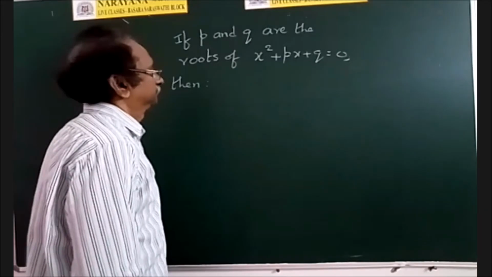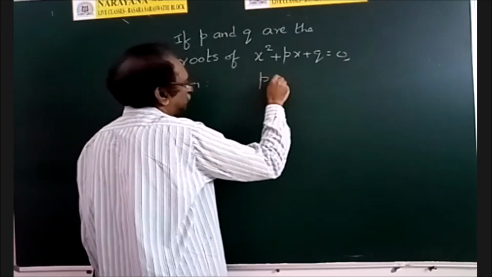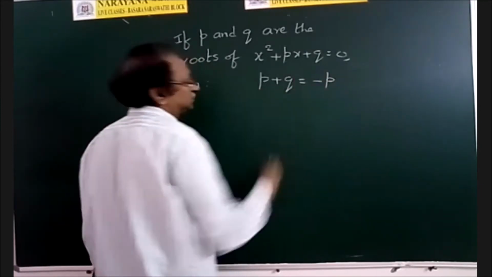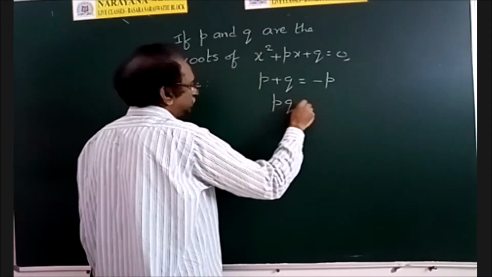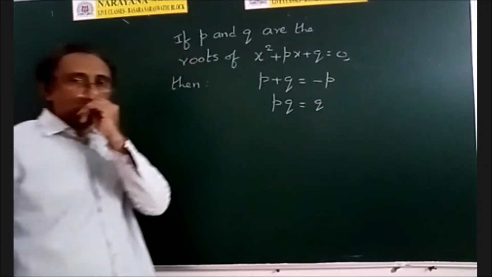See, p and q roots means sum of the roots is minus b by a, that is minus p, and product of the roots is c by a, that is q by 1, which is q.